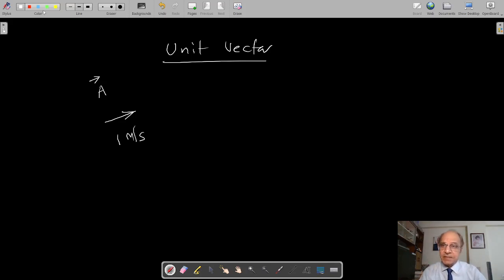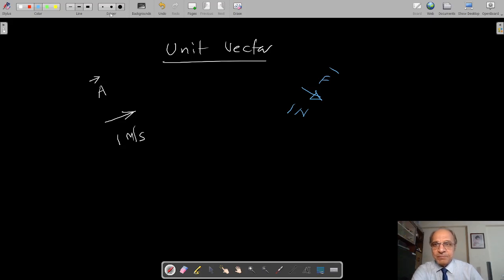Say I have a vector here, a 1 Newton force vector, vector F, then this is again a unit vector. So a unit vector is a vector whose magnitude is 1.